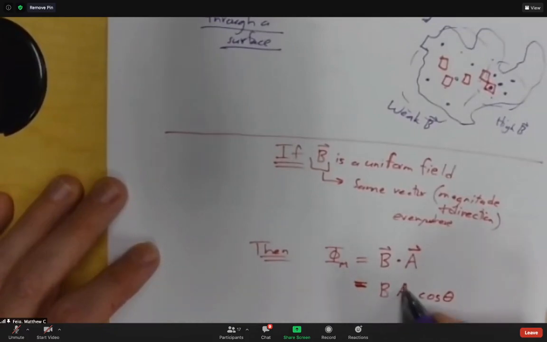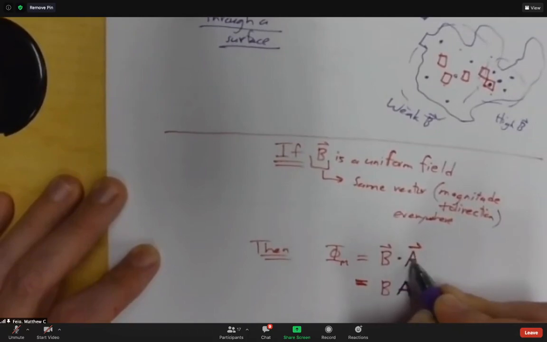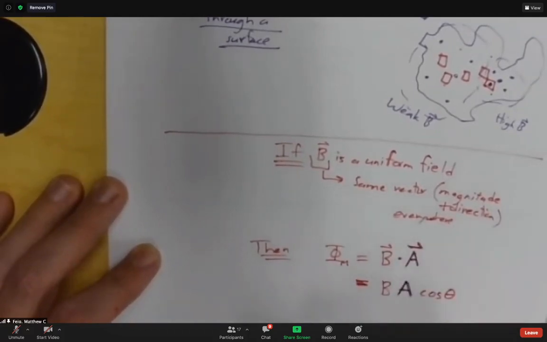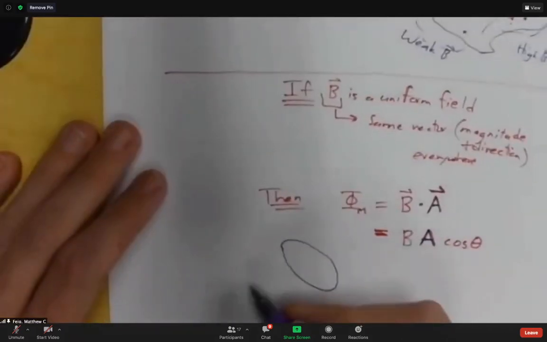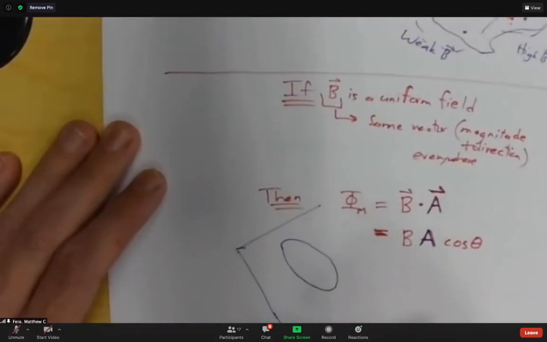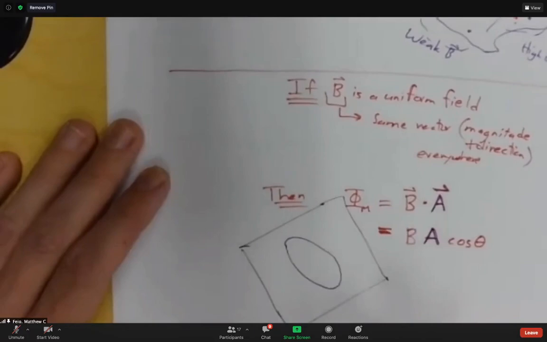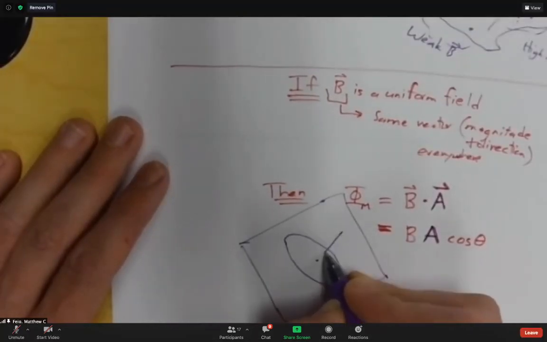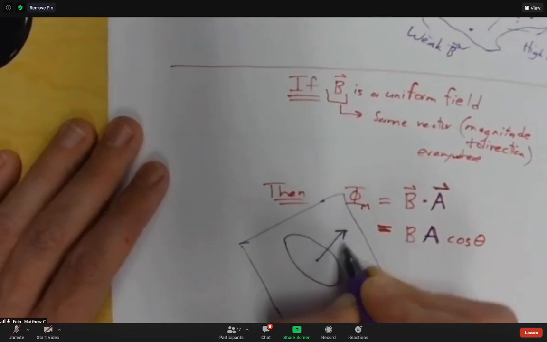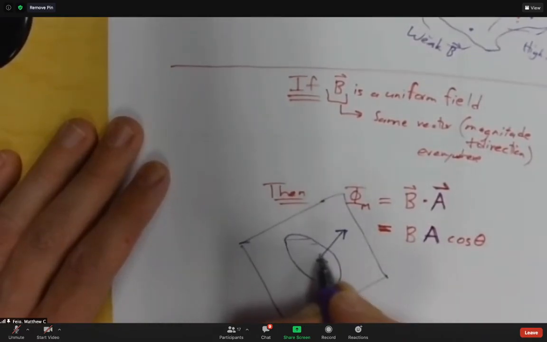Maybe I'll do A as purple. So let's say this is your surface and it's supposed to look like it's angled a little bit into and out of the page, lying in this kind of plane. So let's say this is your area, then your area vector would point perpendicular to this surface.